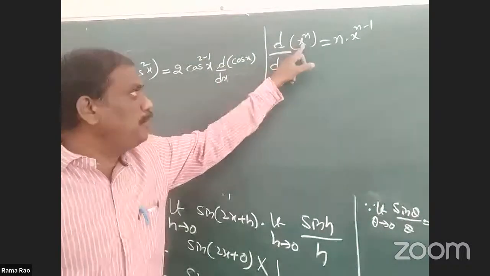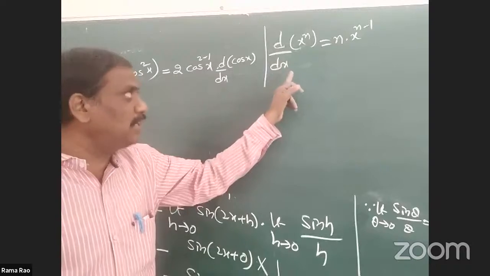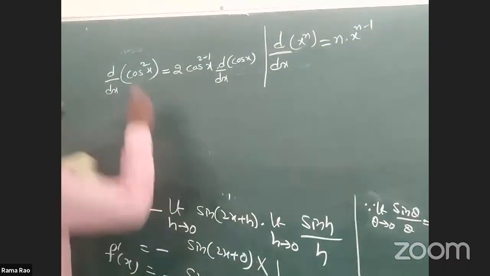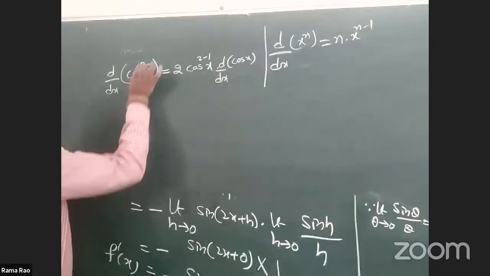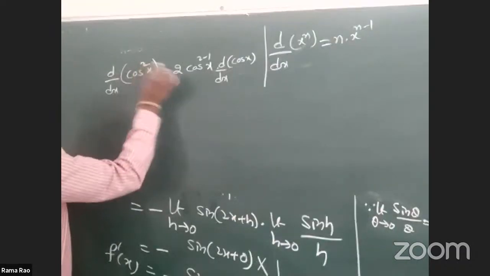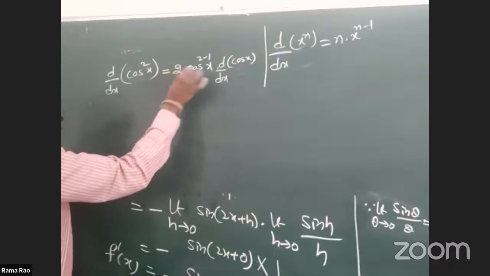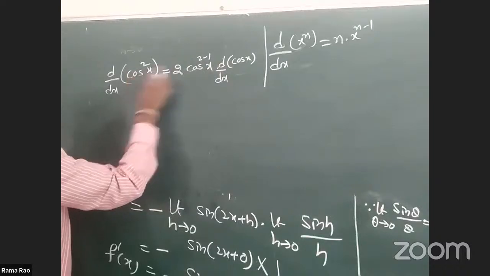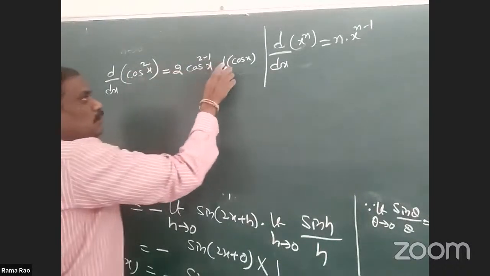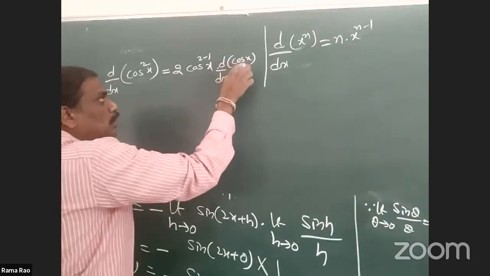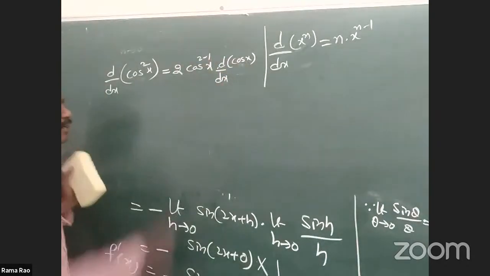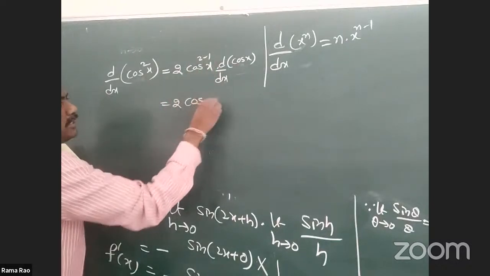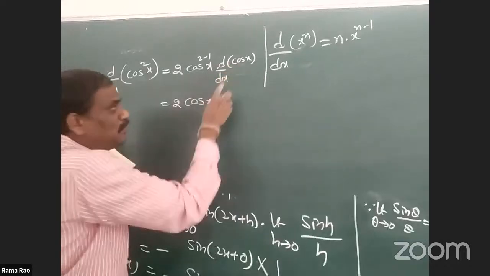The derivative of x to the power of n with respect to x is n into x to the power of n minus 1. In a similar way, for cos square x, in place of n, 2 is there. But in place of x, here cos x is there, another function. That's why we differentiate cos x with respect to x.